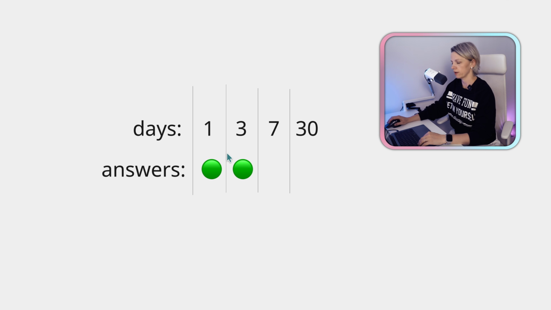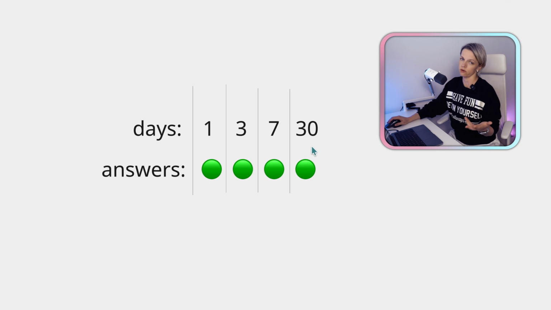If I have 2 correct answers in a row, the next practice session will be set in 3 days for this word, and so on. 7 for the third correct answer in a row, and 30 for 4 or more correct answers in a row.